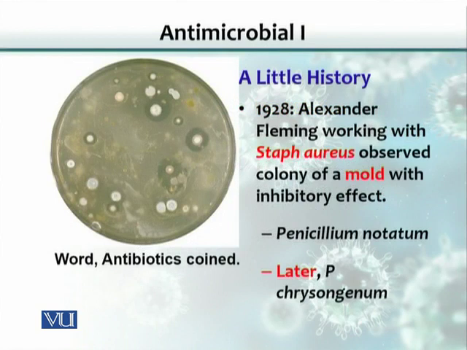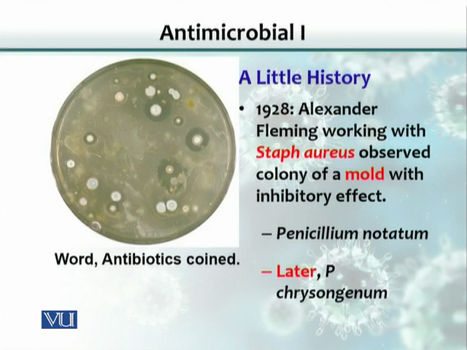In 1928, Alexander Fleming was working with Staphylococcus aureus, and he observed that a colony of a mold had an inhibitory effect on the growth of Staphylococcus aureus.